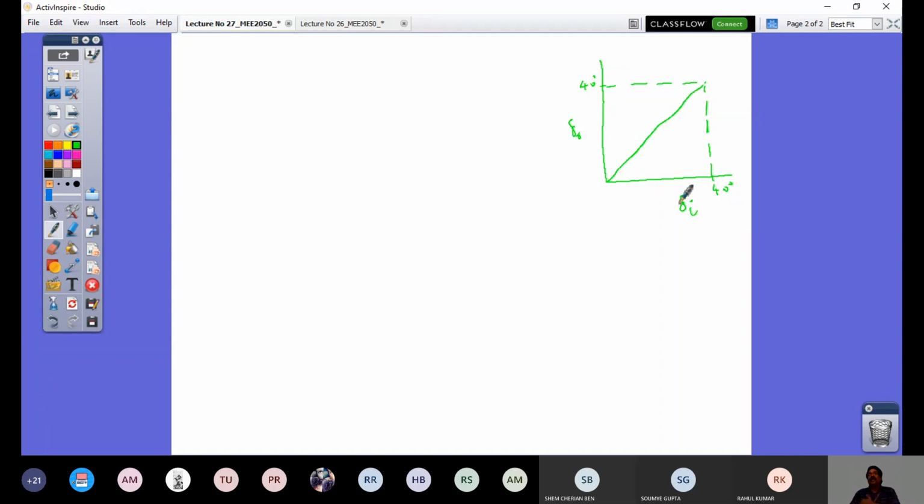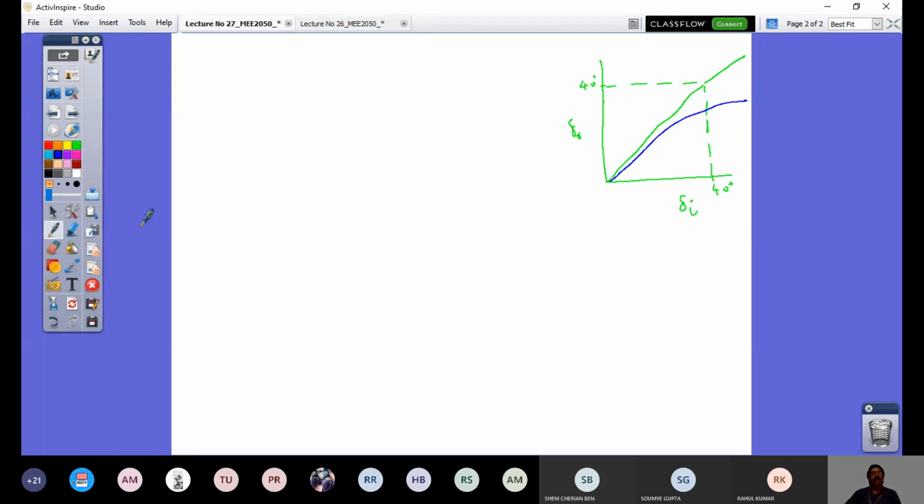Now this is your parallel steer geometry, where delta I is equal to delta naught every time. How is Ackermann steer geometry defined with respect to that? Ackermann steering geometry is this theoretical one, which is not linear like this, but varies something like this.